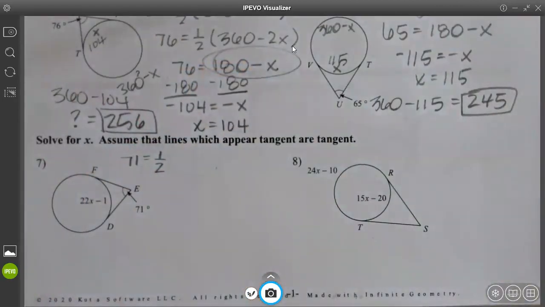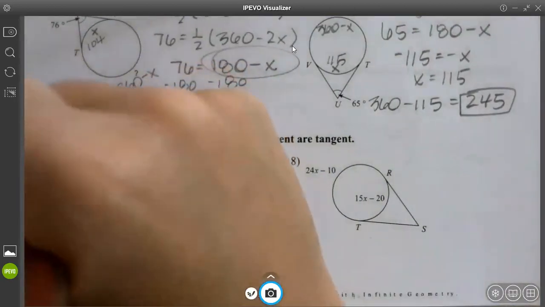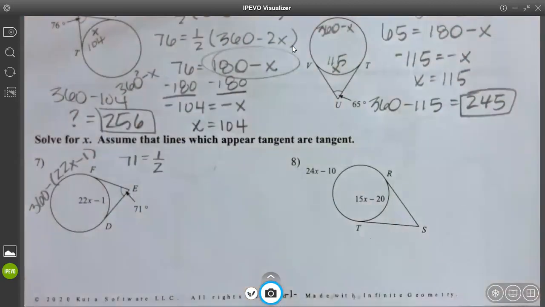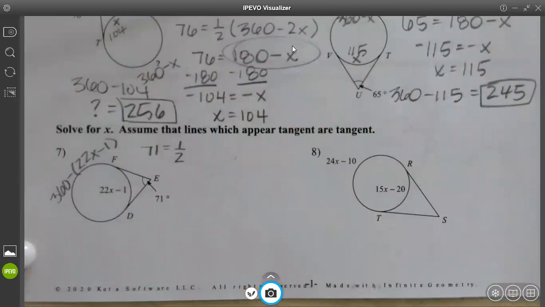How do I find the big arc? Watch this. Make sure you put the 22x minus 1 in parentheses. All right.